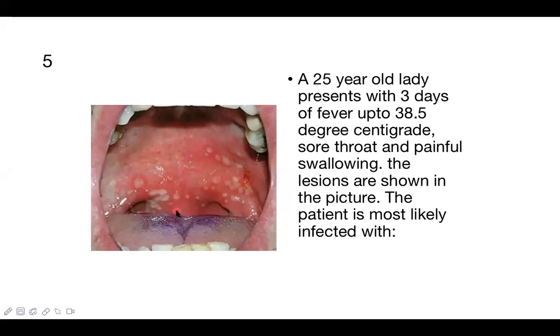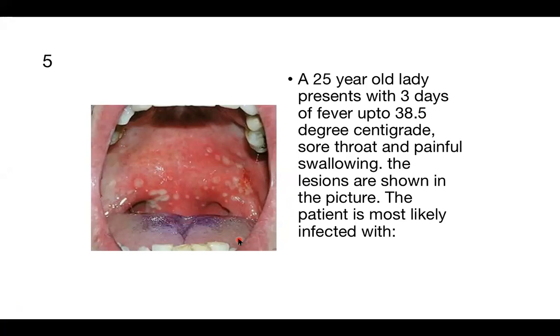So fever, painful swallowing, and during examination, if we see this type of ulceration, almost always, not 100% of the time, but most of the time, Herpangina is diagnosed. Now, one more thing, if this type of ulceration occurs on the anterior part of the oral cavity, then we think about herpes virus infection, herpes simplex infection type 1.